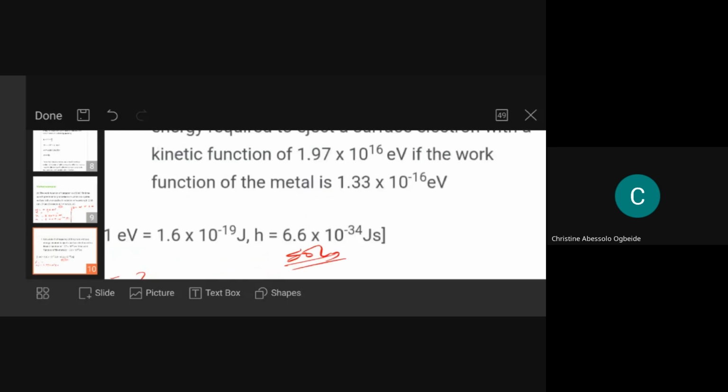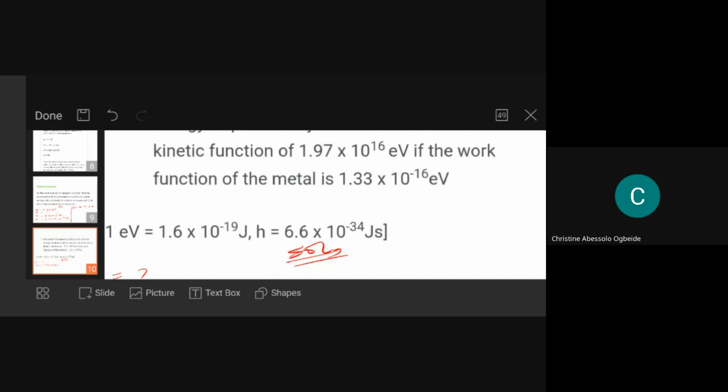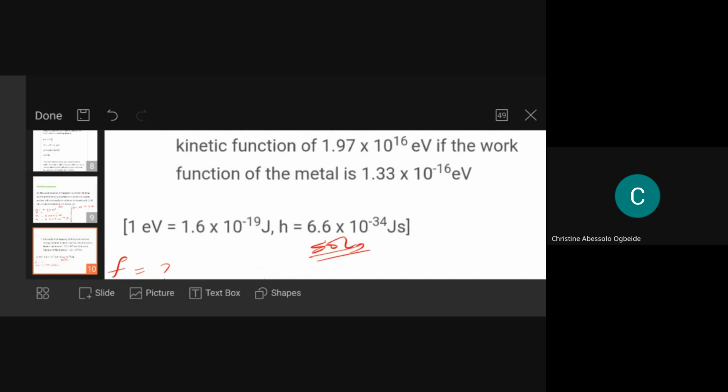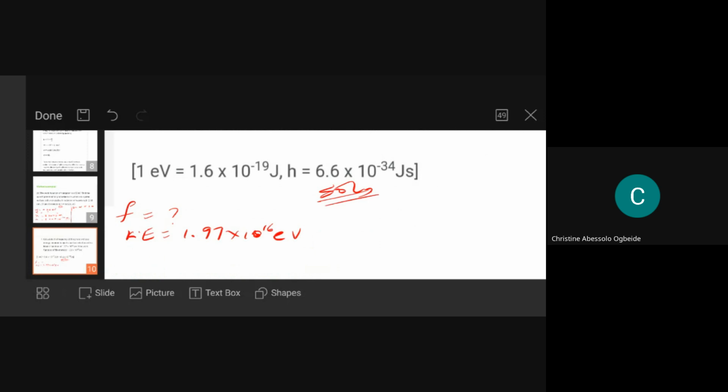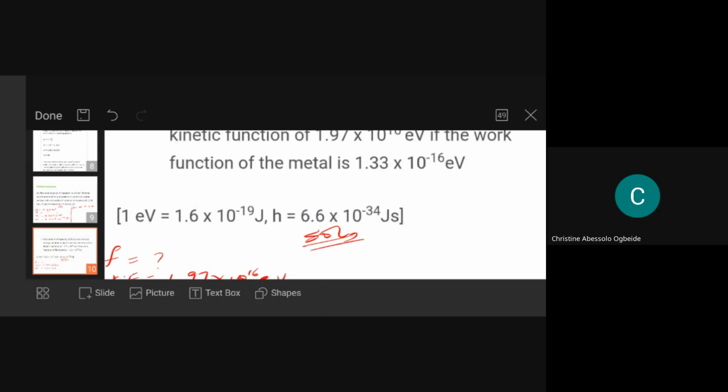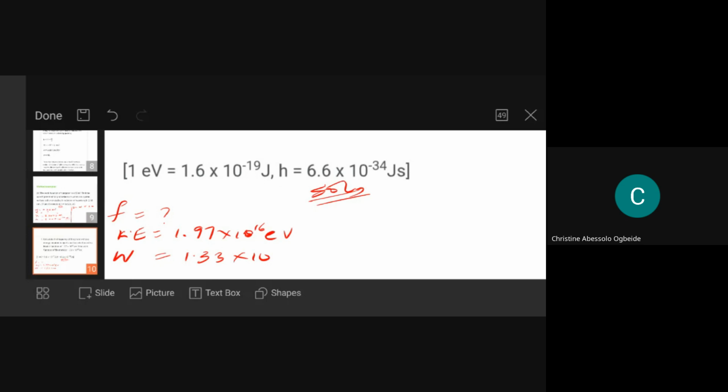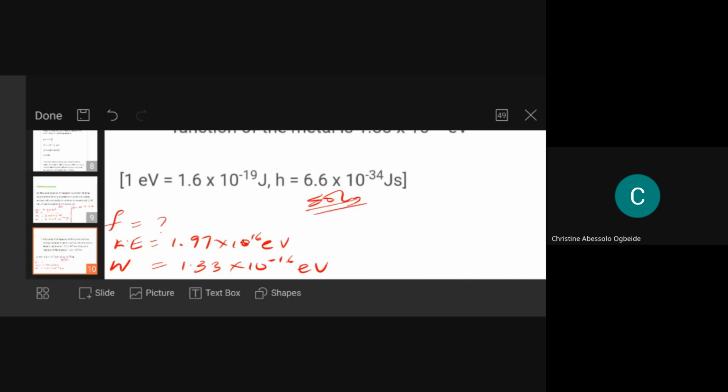And then they also gave us that the work function W of the metal is 1.33 times 10 raised to power minus 16 electron volts. And that was all they gave to us.